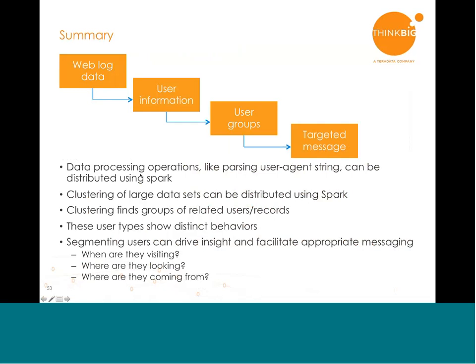The key points are that parsing user agent string or other data processing operations can be trivially distributed using Spark Map, that we can do clustering on large data sets with Spark, and that this clustering gives us insight into who the users are, how they behave, and we can help understand what's bringing users to our site, why are they looking at our site, when are they looking at our site, and where are they coming from. And this can all help customers to appropriately message their customers or gain additional insight into their customers.